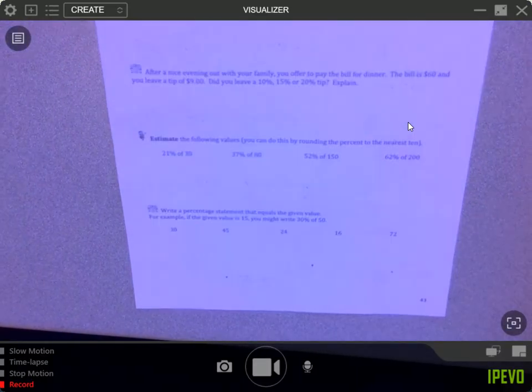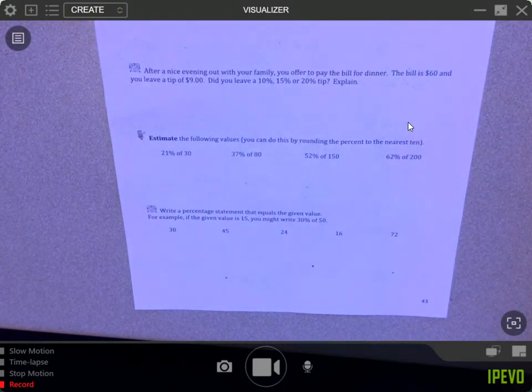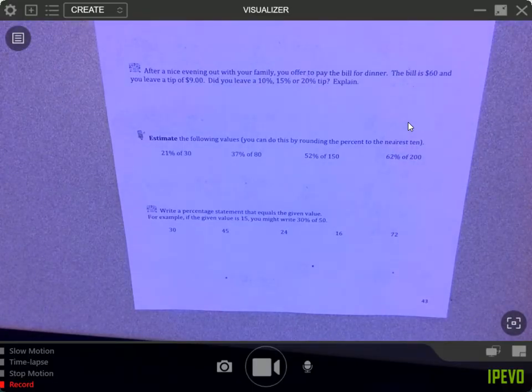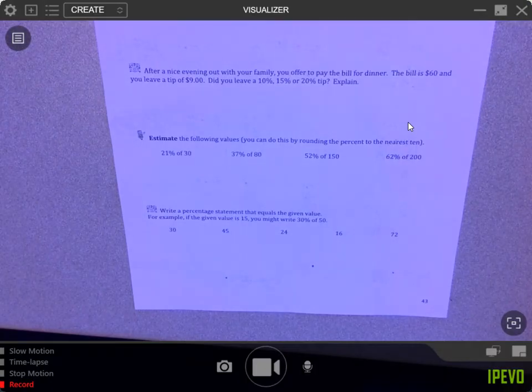Michael? 30% of 100. I don't want us to do out of 100 because that's too easy. Okay? I don't want us to do the same thing for everyone. I could say 45% of 100, 24% of... we're gonna actually challenge our brains just a little bit.